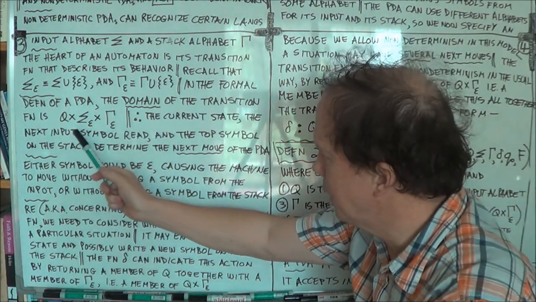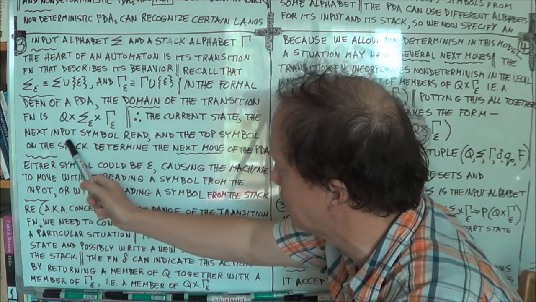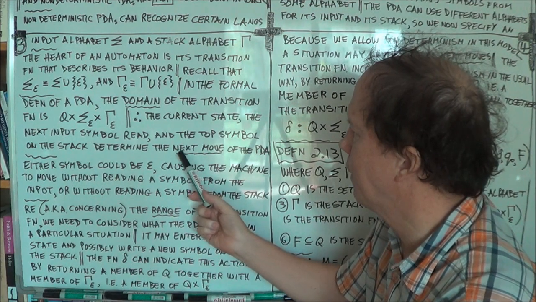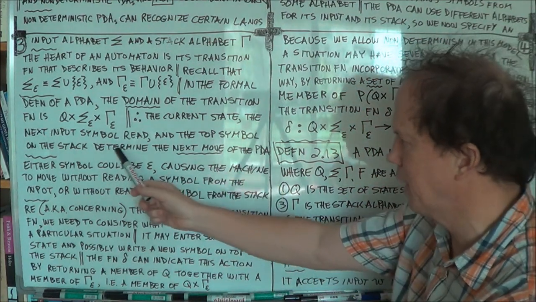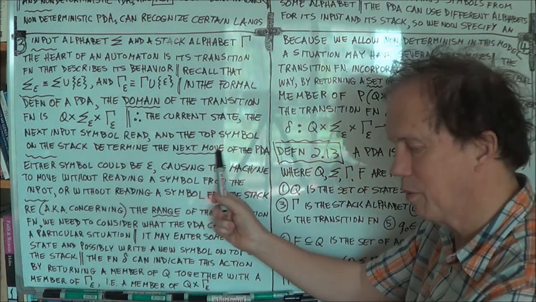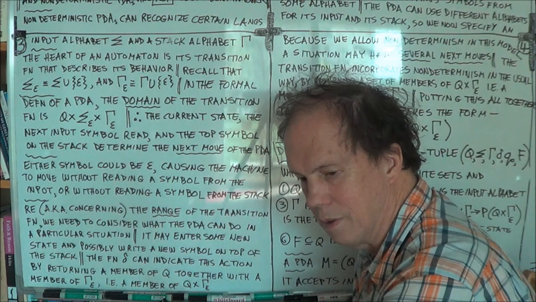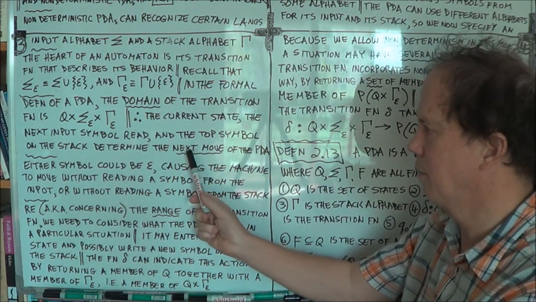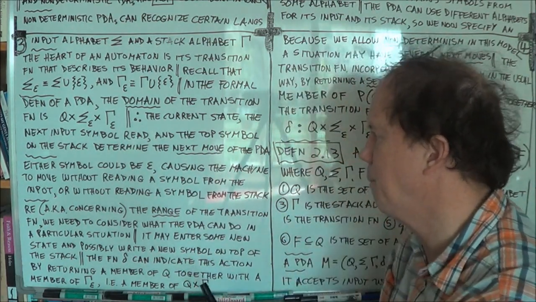So remember this ordered triple: the current state, the next input symbol read, and the top symbol of the stack. Those three will determine the next move of the PDA. Remember, the next move is the next state and what you're going to do with the stack. What you're going to do with the stack will become more concrete as we move on.